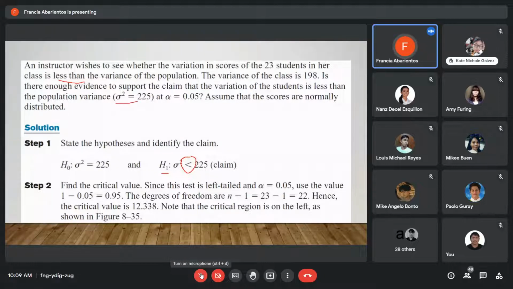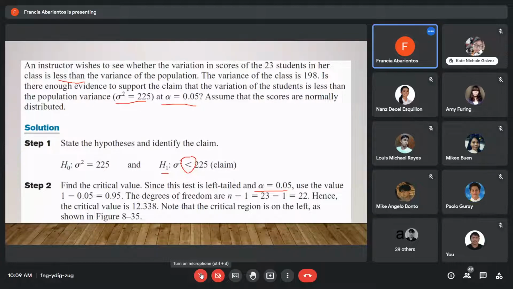So, we have the population variance at a given alpha. So, in finding the critical value, this test is left-tailed. We have now the alpha, 0.05. So, since this is a left-tailed minus the 1, okay, magma-minus 1 tayo.